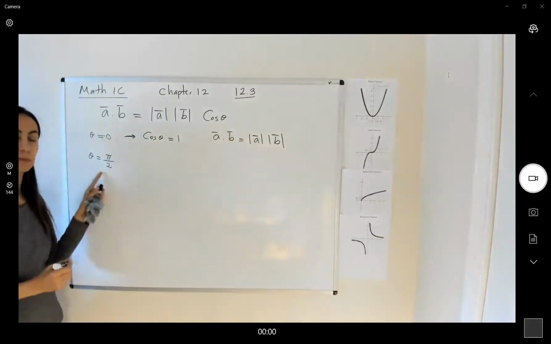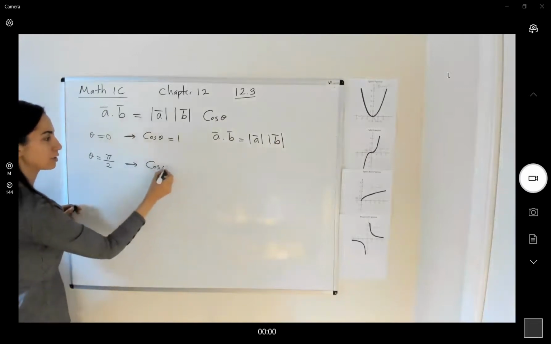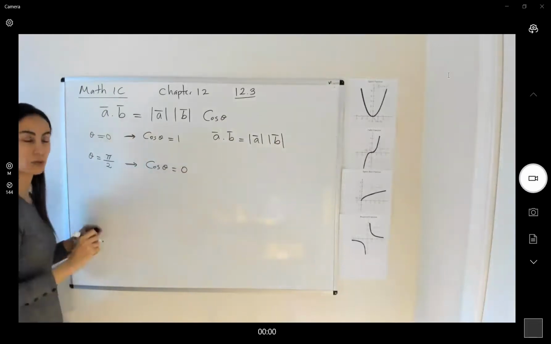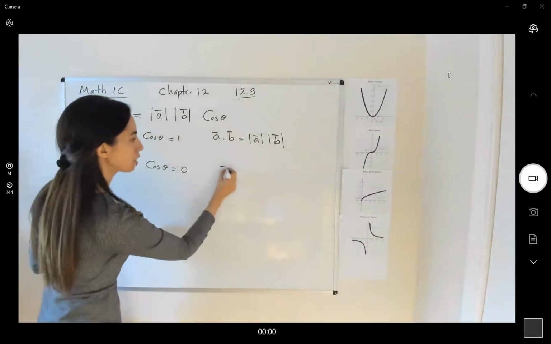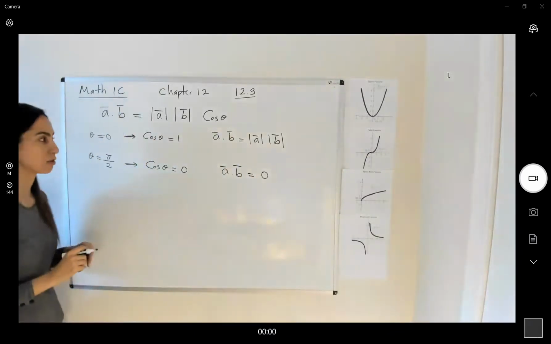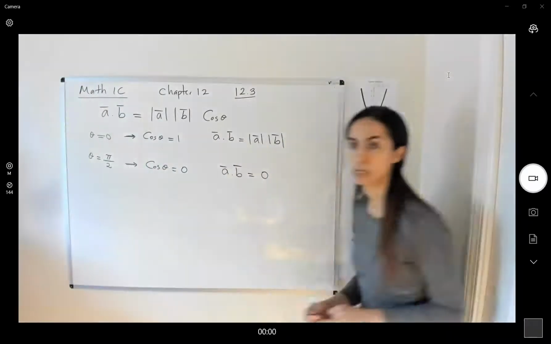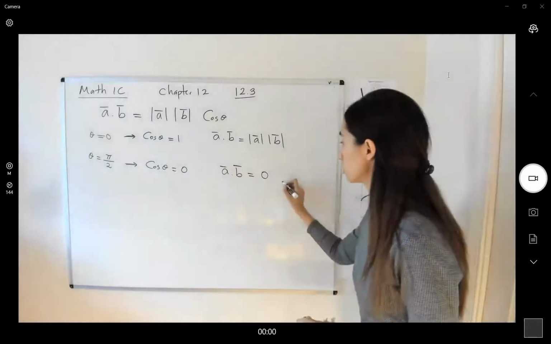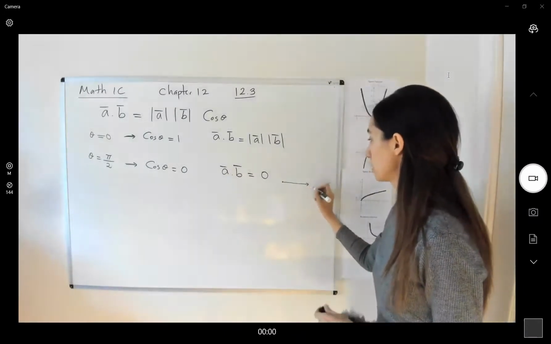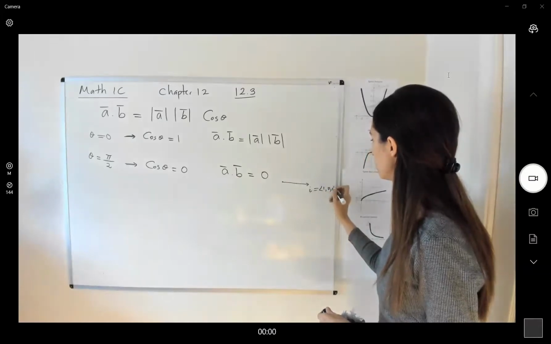If the angle in between is pi over 2, cosine of pi over 2 is equal to 0. The dot product between A and B is going to be 0. Think about it this way. The angle between them is pi over 2. So this is your first vector, like i, 1, 0, 0.